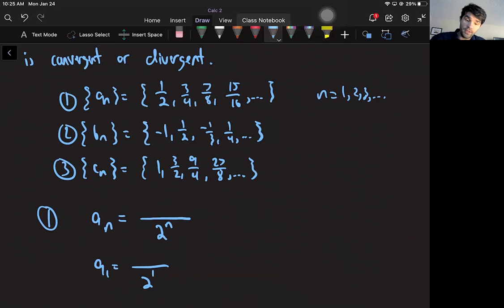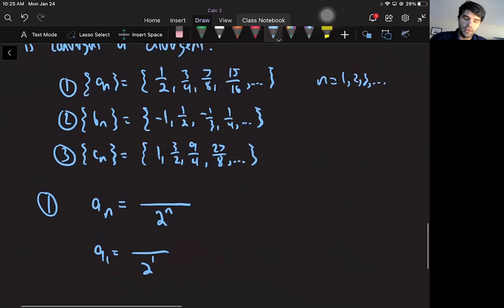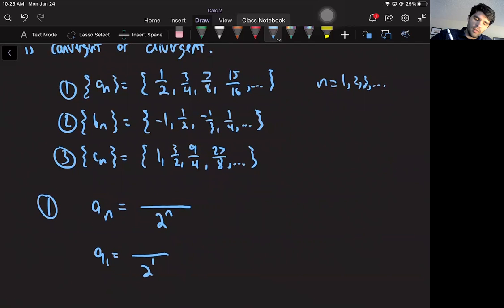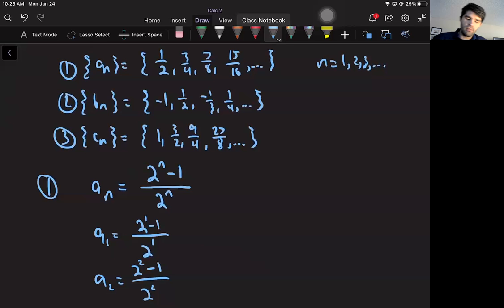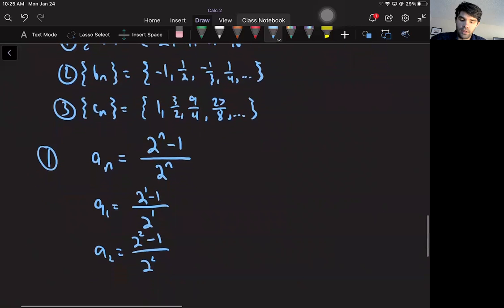Now the top is a little bit trickier, but if you notice, it's always 1 less than the bottom number. So you can think about this as 2 to the 1 minus 1. And then a2 is 2 squared on the bottom, but on the top, that same number minus 1. So on the top, you get 2 to the n minus 1.